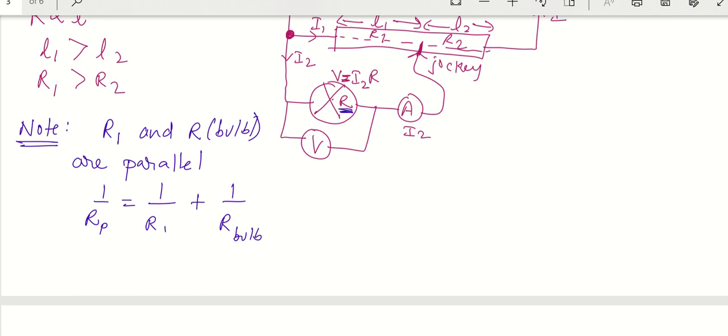Now, if I do this, let's say for some reason the R of the bulb becomes very high, something like 100 kilo ohms, which means it is almost 10 power 5 ohms.